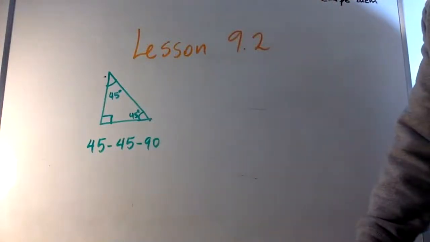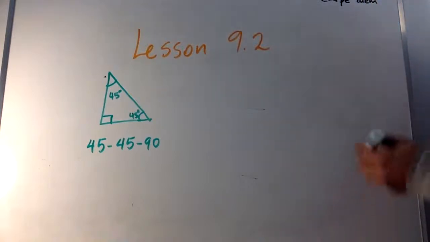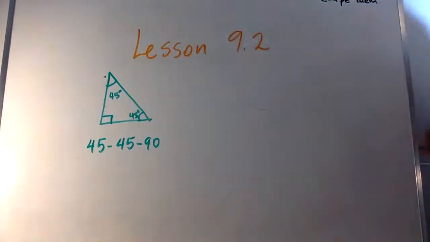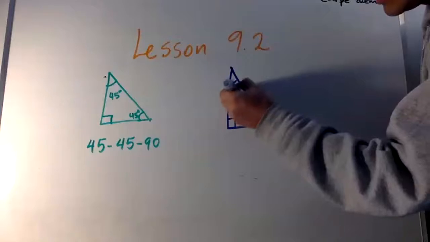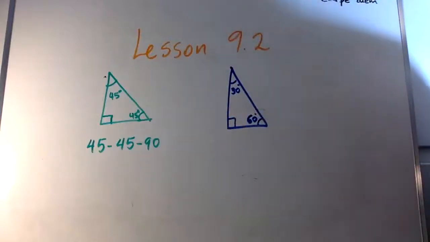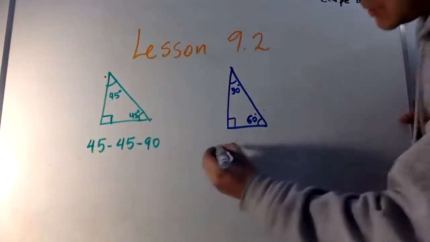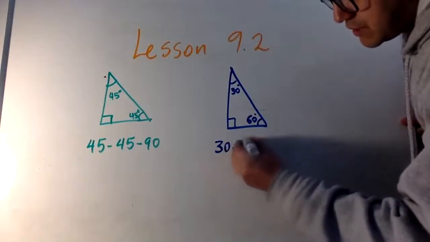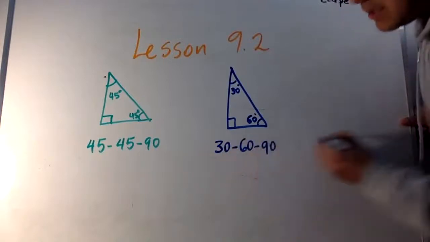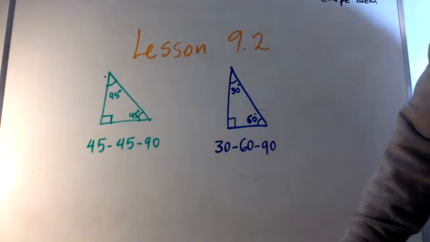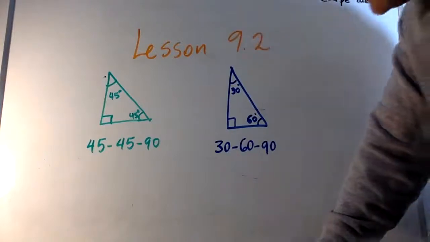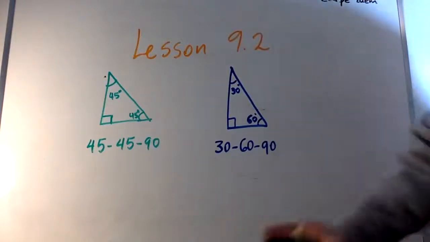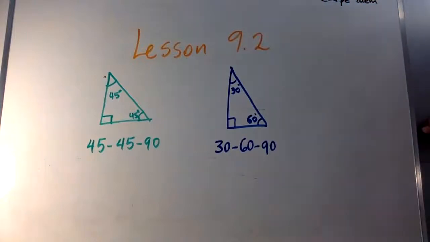And there is a second one. I'm going to use blue this time. 30, 60, 90. We can say this is a 30, 60, 90 right triangle. With this in mind, now we can determine certain things.